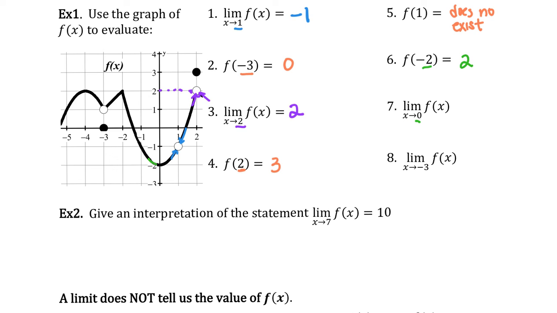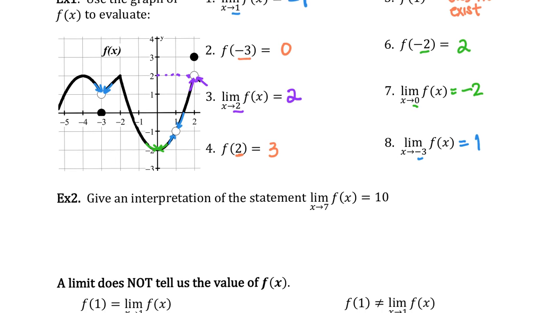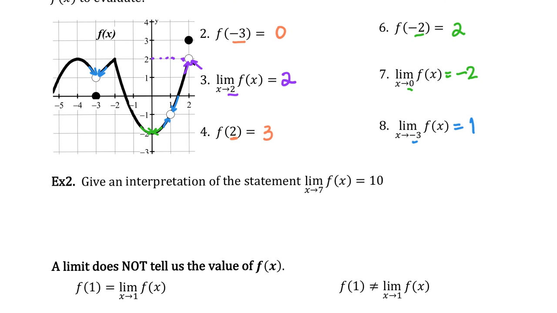let's see, the y value is going towards -2 in both directions. And as x approaches -3, it looks like the y is approaching 1 and the y is also approaching 1 in the other direction. And you do need to check both directions even though it doesn't tell you to do so. Now example 2, it says give an interpretation of the statement.